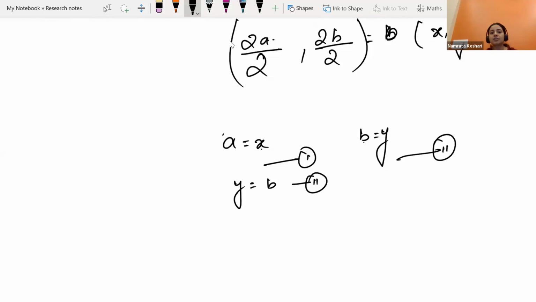We are multiplying equation 1 with equation 2. Is that allowed? Whatever we are doing over here, is doing the multiplication of two equations allowed in mathematics?